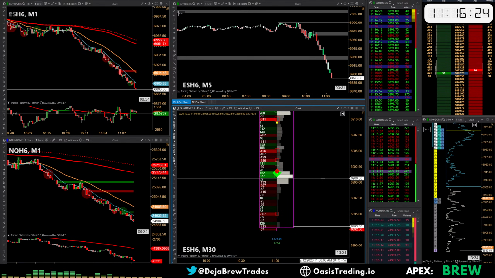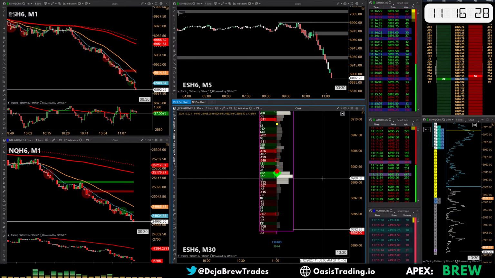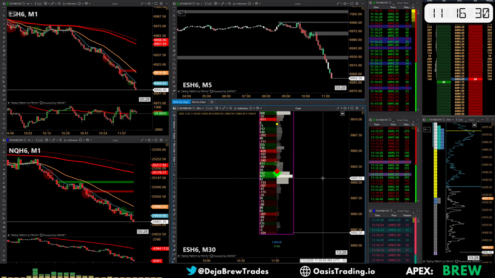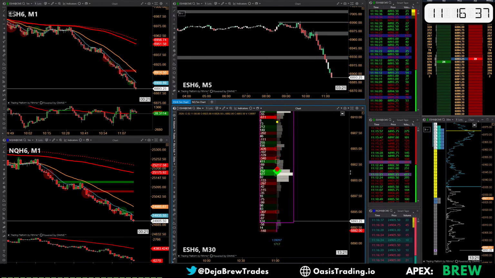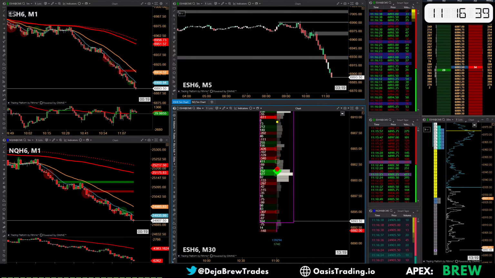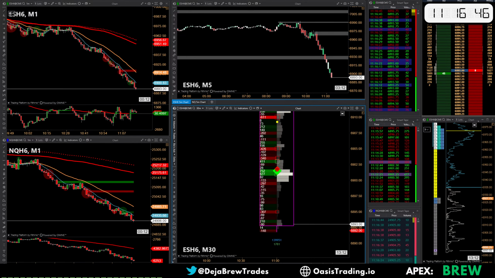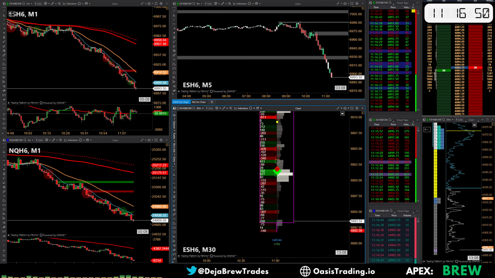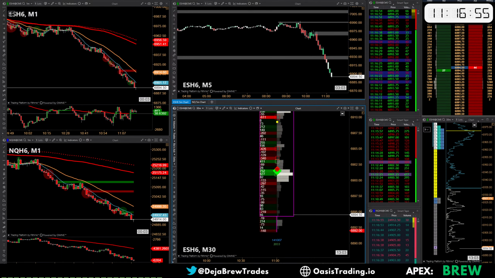I don't know which one's the cause, which one's the effect. I don't know if the dollar pumping is causing gold to go down or gold going down is causing the dollar to go up. It's hard to say. On the chart, it looks like gold started going down first. So it looks like gold is leading that.